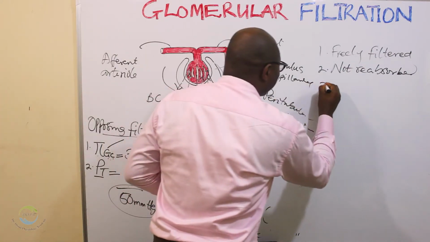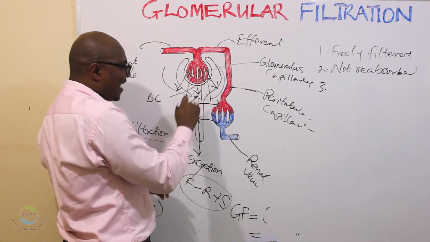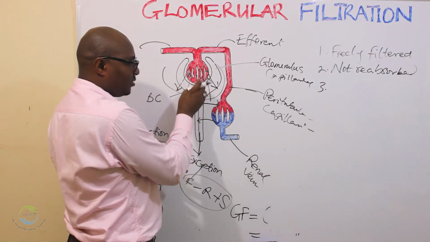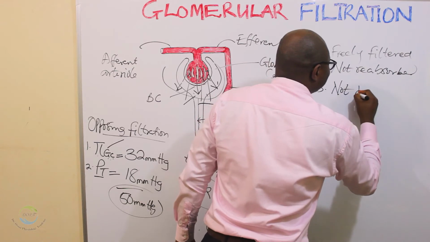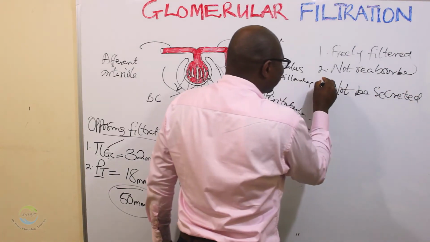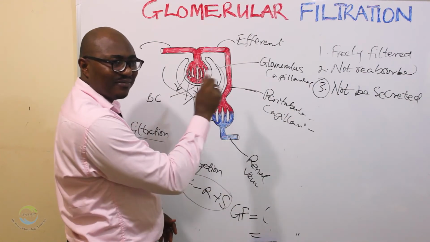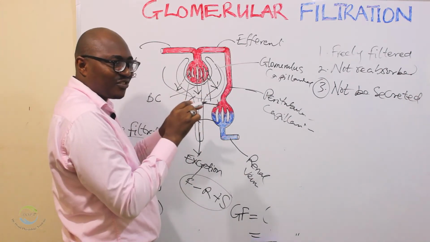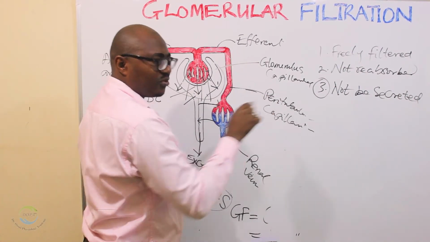Then number three, it should not be secreted, because secretion will add to it, so what you get will be more than the filtration. This is what differentiates renal plasma flow and glomerular filtration. The other one should be secreted, but this one should not be secreted.